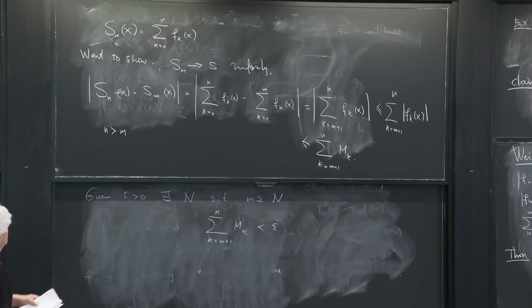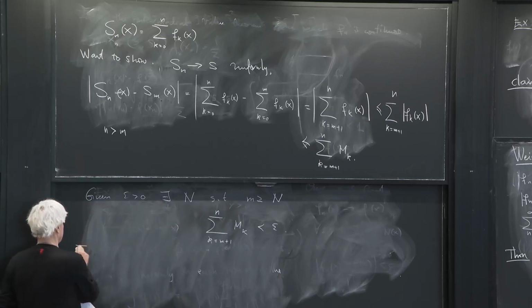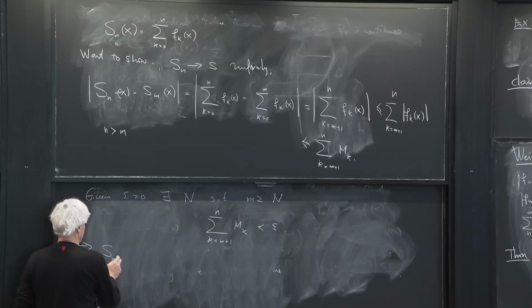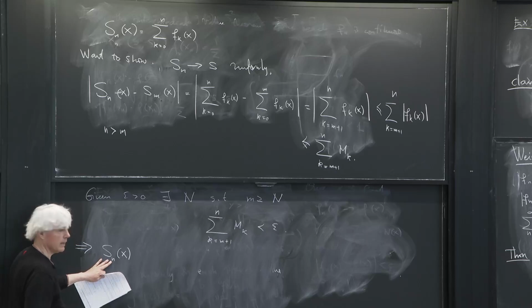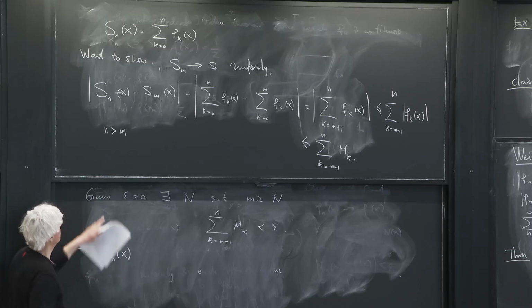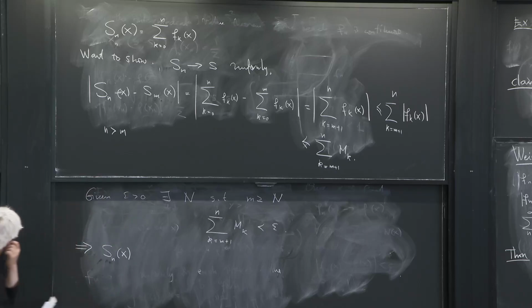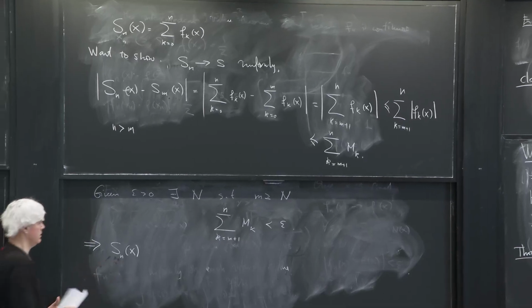And so you see that this implies that S_n for each x, if you think about it as a sequence, is a Cauchy sequence. For each x, this is a Cauchy sequence.